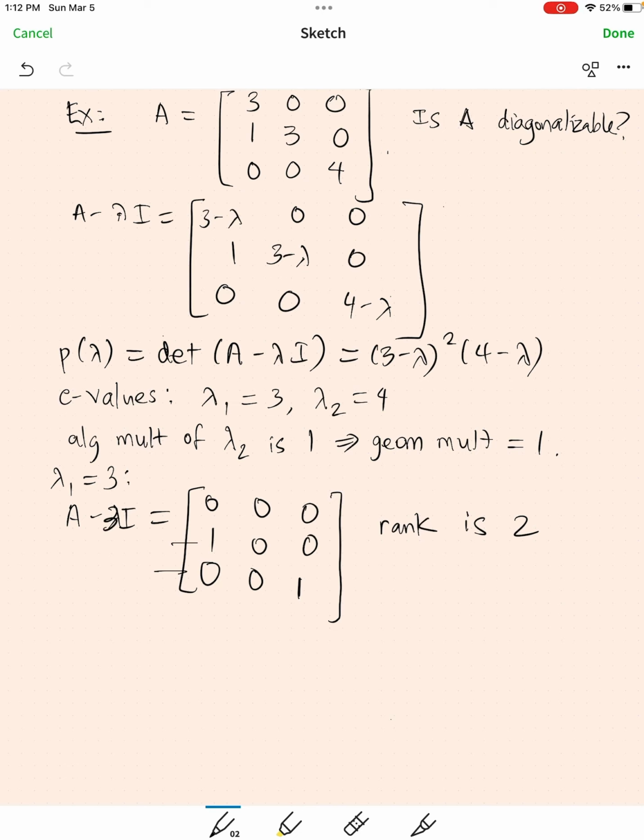So the rank is 2, and therefore the nullity is 1. Uh-oh, so what does that tell you? What should the nullity be if this matrix is diagonalizable? It should be 2, right?